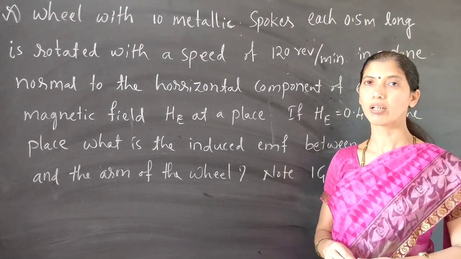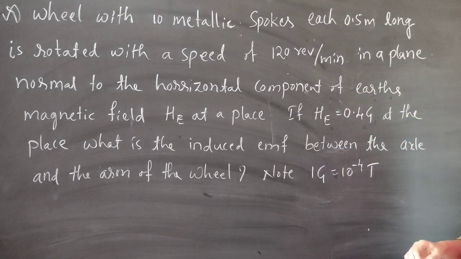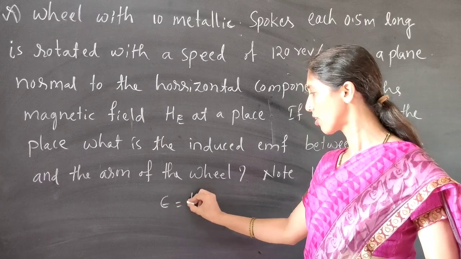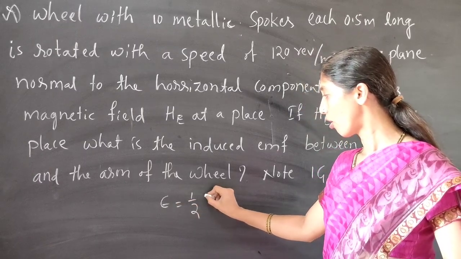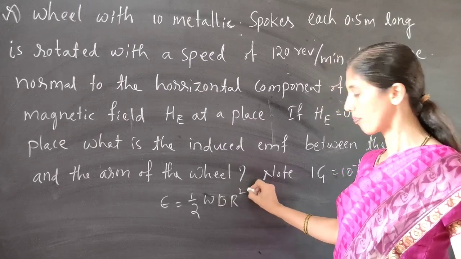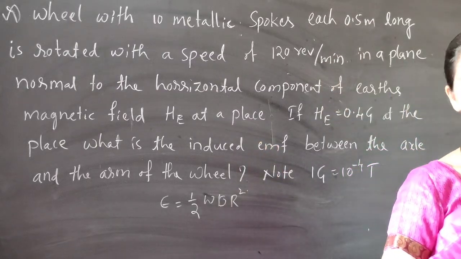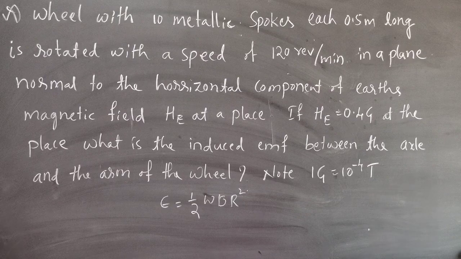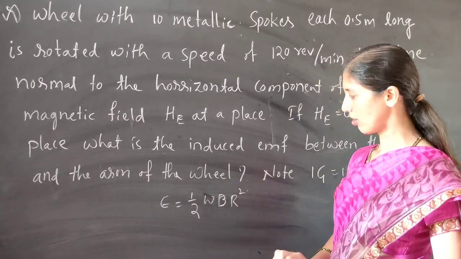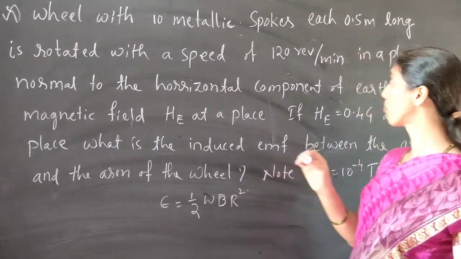So you have to calculate the induced EMF. Here you use the formula: induced EMF is equal to half omega B R square. Now how do you get this expression? I will give a simple clue.